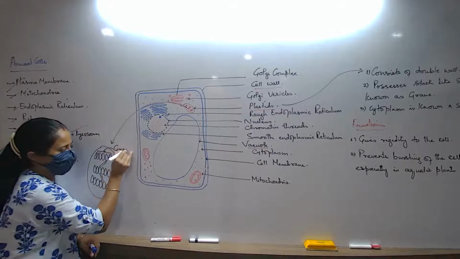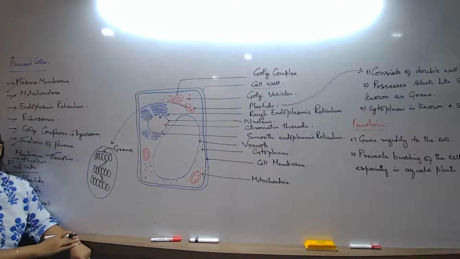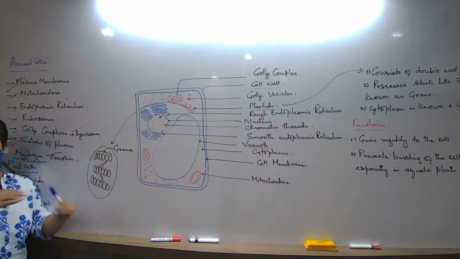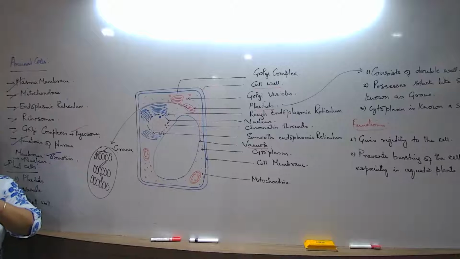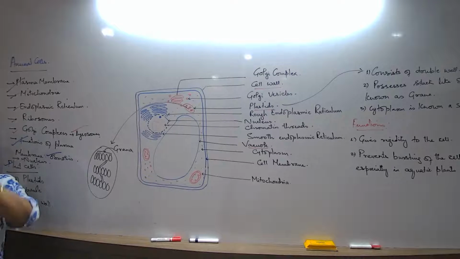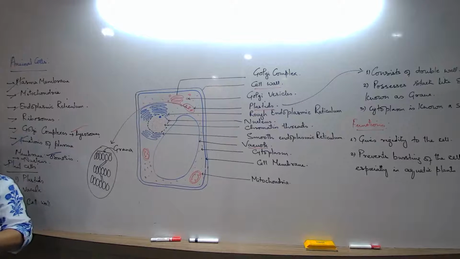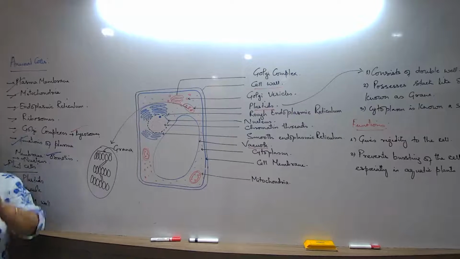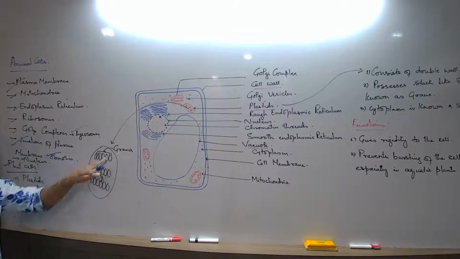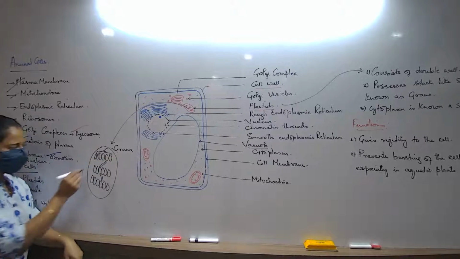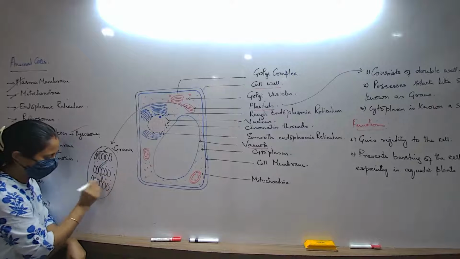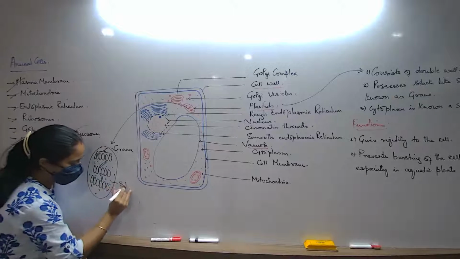This is known as grana. स्टैक को जैसे सपोज हमारे घर में प्लेट्स एक के ऊपर हम रखते हैं ना स्टैक करके, कटलरी, सो वी राइट स्टैक, सो इट इज समथिंग लाइक दैट. तो वो पूरा स्टैक ऑफ प्लेट्स को बोलेंगे ग्राना. और ये जो साइटोप्लाज्म है इसको बोलेंगे स्ट्रोमा.